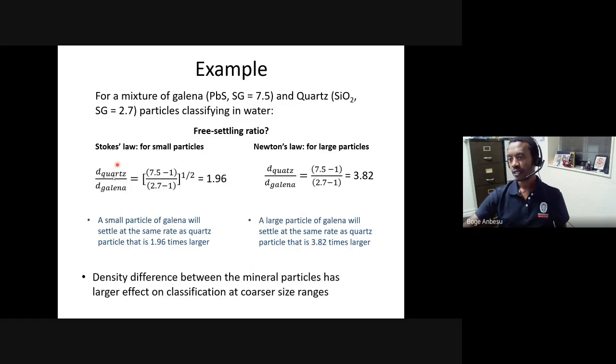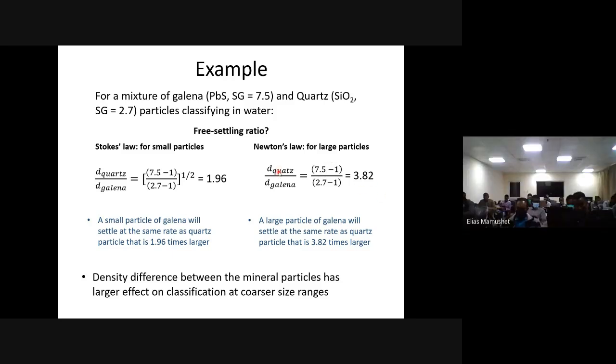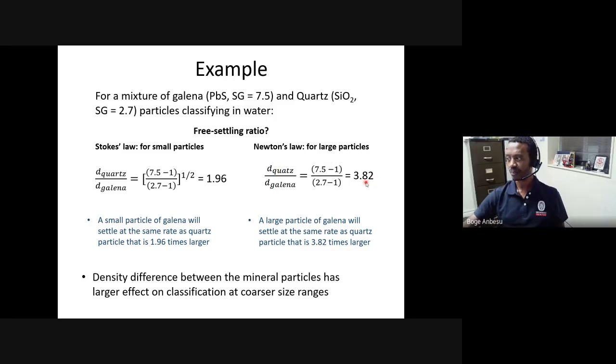So what it says is, based on that ratio, the free settling ratio between quartz and galena is about 1.96 based on the density, if I apply Stokes law. So basically for smaller particles, okay? And if I apply Newton's law, the free settling ratio of quartz to galena is about 3.82.